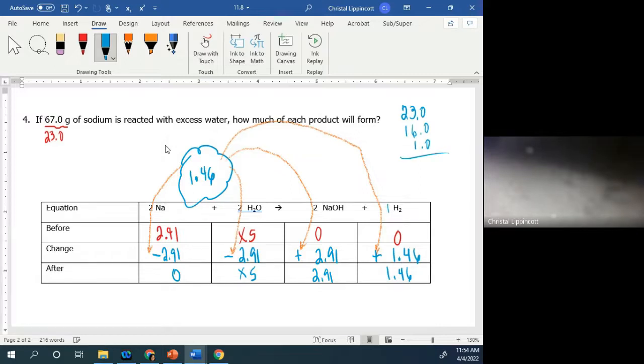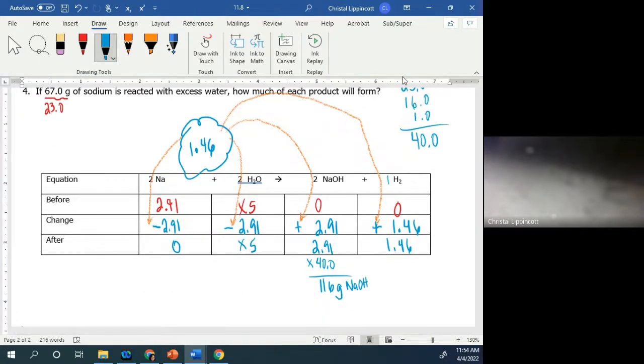I'm going to add these together, and I end up with 40. So I'm going to take this, and I'm going to multiply by 40 to get my grams of sodium hydroxide. So that ends up being 116 grams of sodium hydroxide.